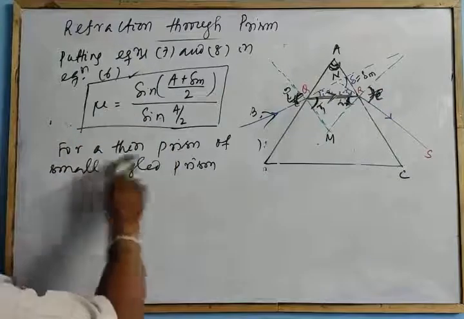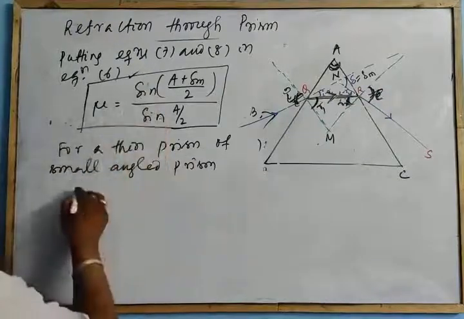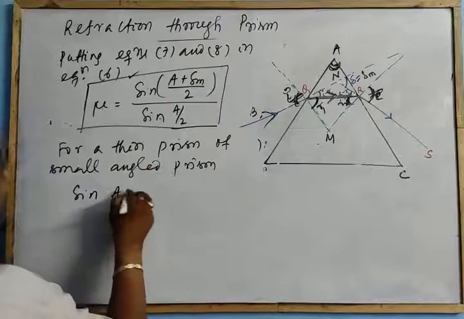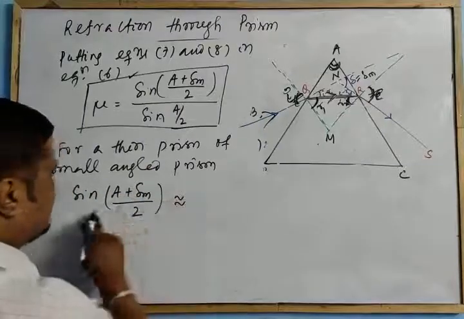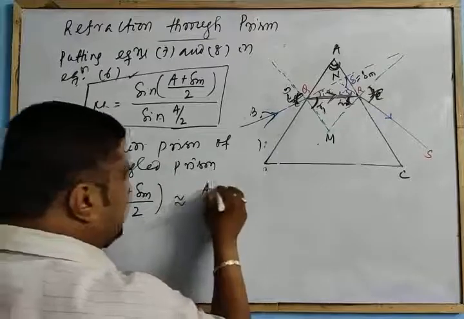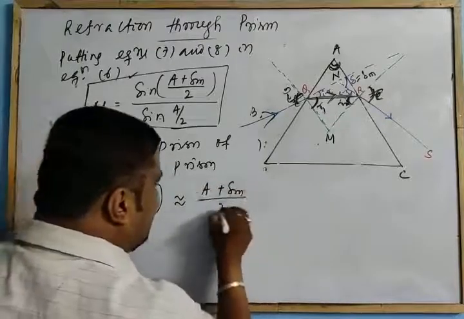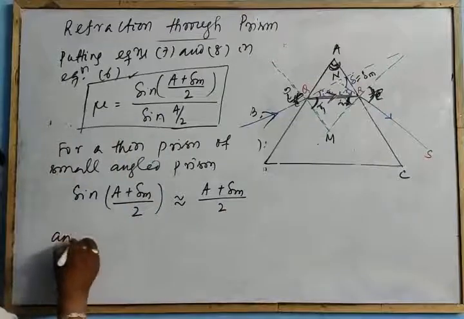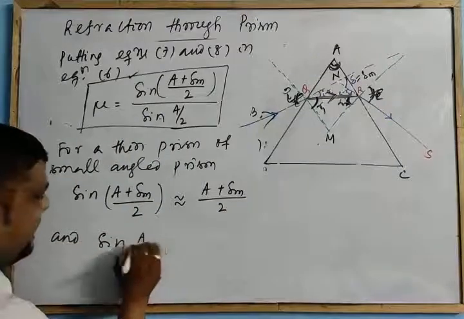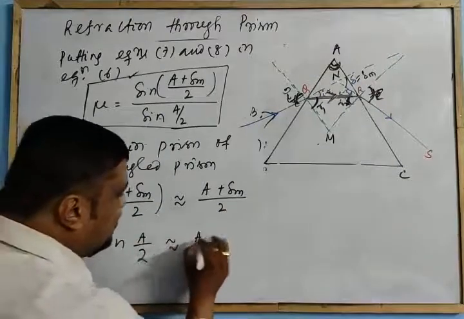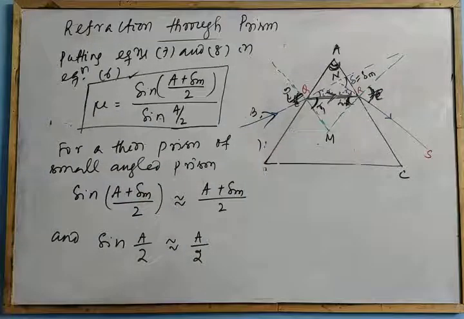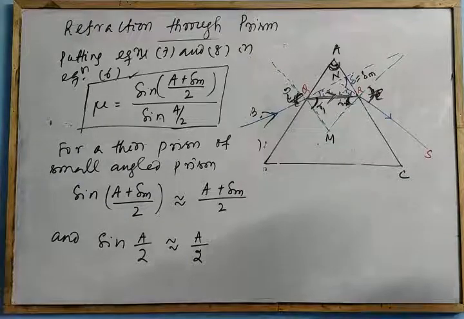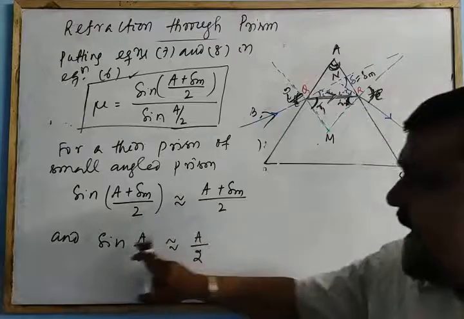Then for a small angle prism, we can write sin of (A plus delta m) by 2 is equal to sin theta is equal to theta, and sin A by 2 is simply A by 2.